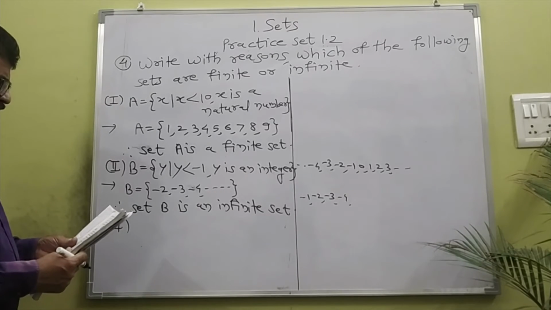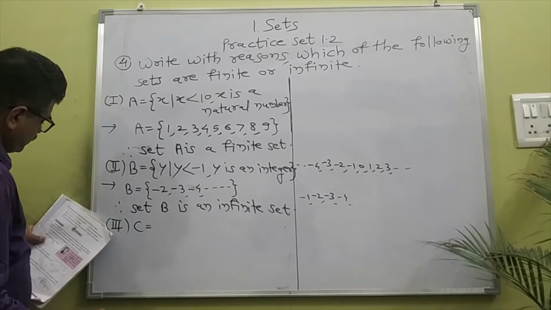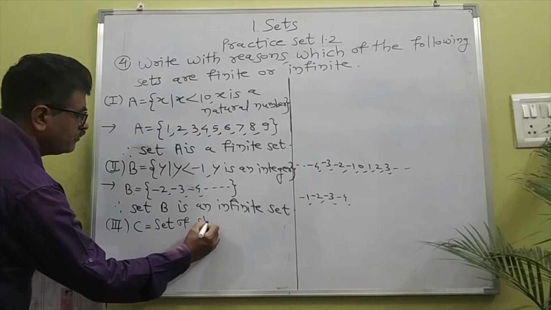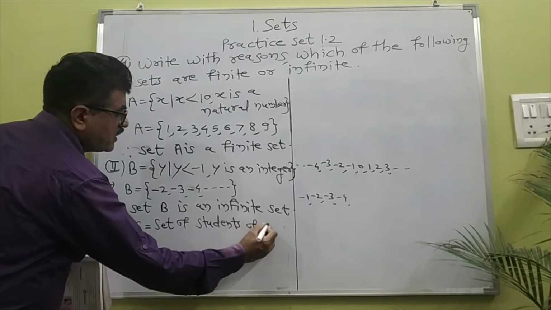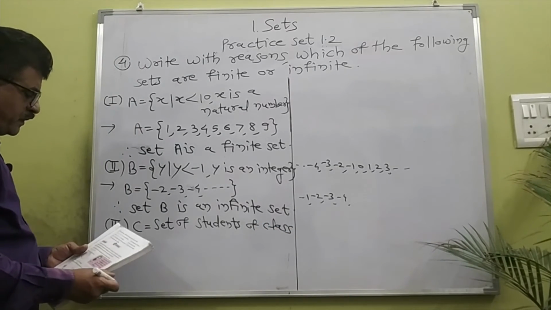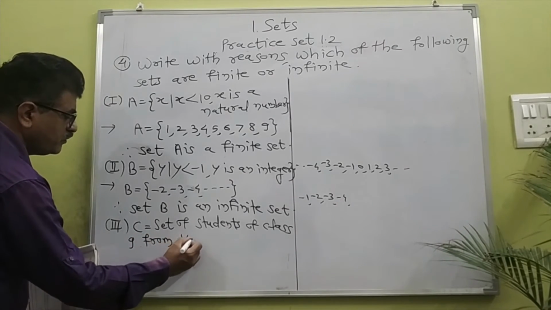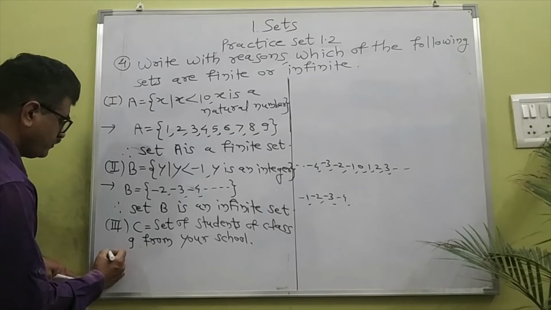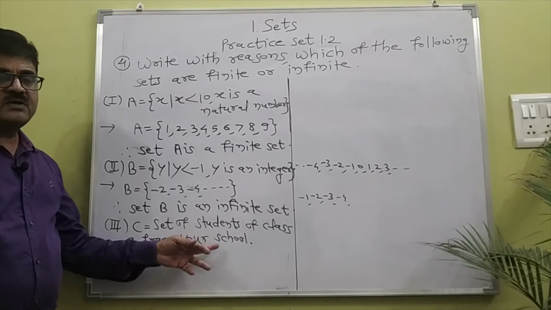Number 3. C is a set of students of class 9 from your school.